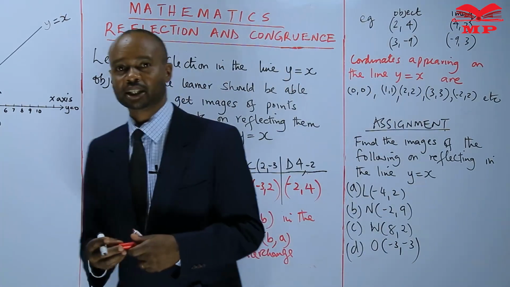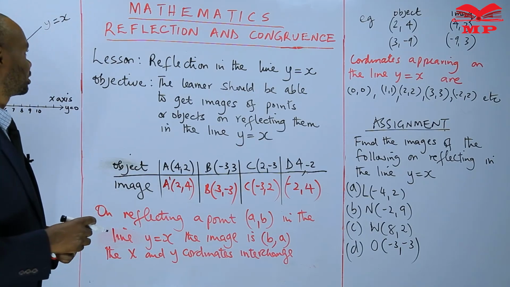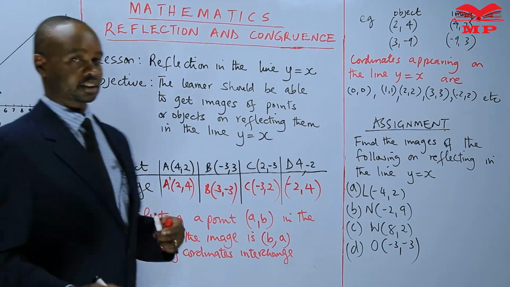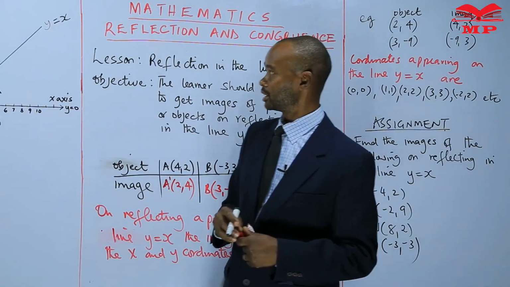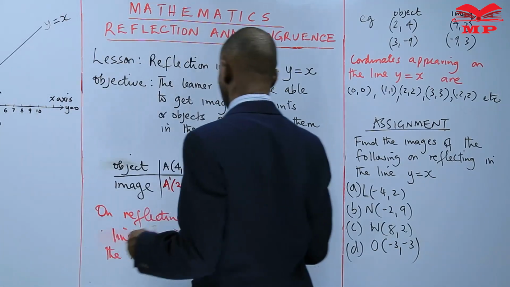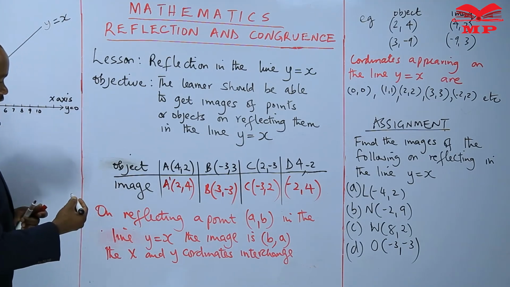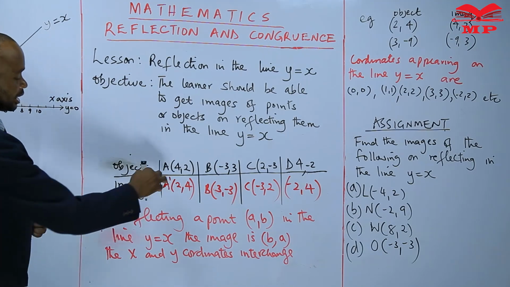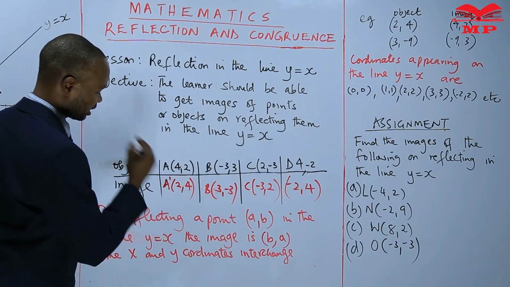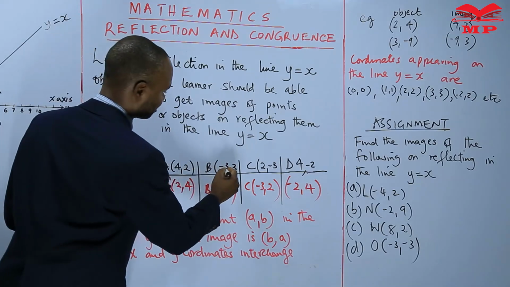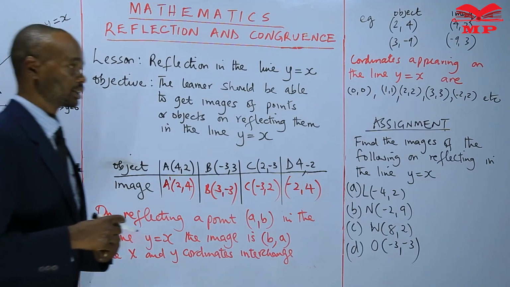For the assignment, you'll work that out, and before we summarize, notice what has happened. This is the line y is equal to x. It is a line where the x-coordinate and the y-coordinate are always equal. We also notice that on reflecting an object in that line, if we had 4, 2, the image will be 2, 4. If you had -3, 3, the image is 3, -3. The x and y coordinates interchange.